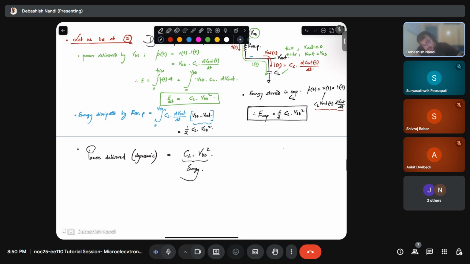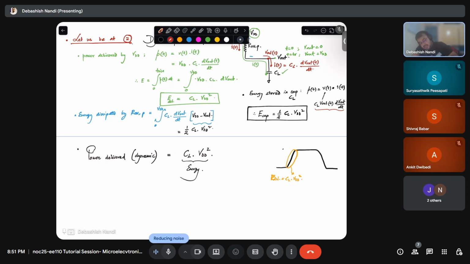So let's say your output is transitioning from low to high. In this cycle, how much energy is being delivered by the battery? CL VDD square, right?